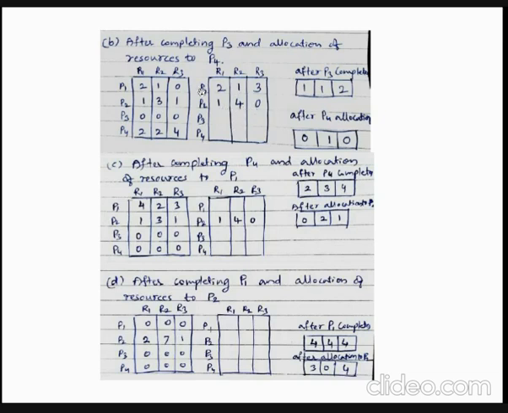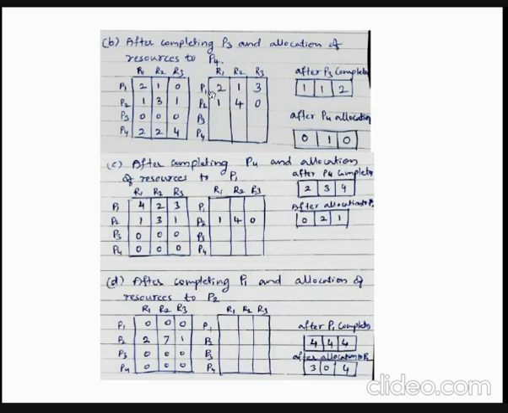If you consider P1 and P2, out of these two, P2 cannot be taken for execution because its request is 1, 4, 0. It cannot be satisfied with the available resources 2, 3, 4, because P2 requires 4 resources of R2 type, but right now in the system we have only 3 resources of R2 type. That's why we cannot take up process P2.